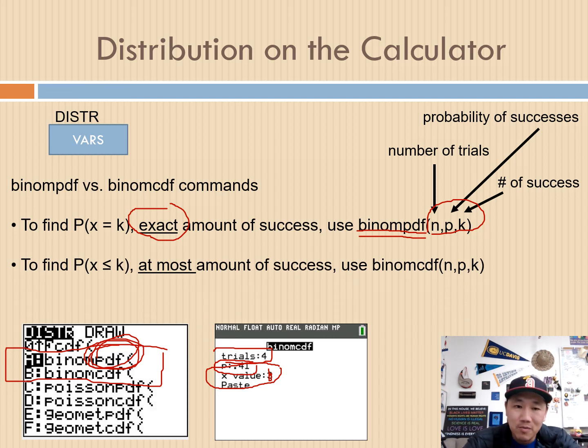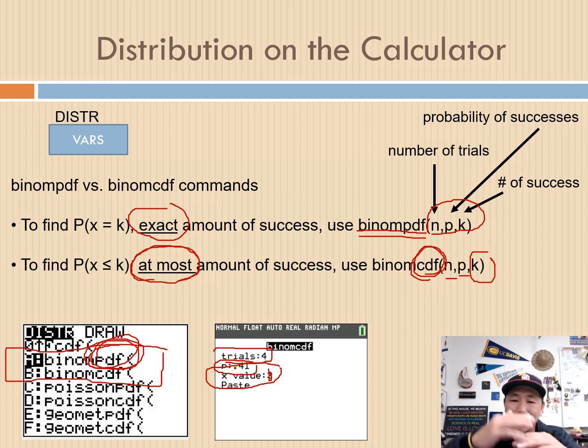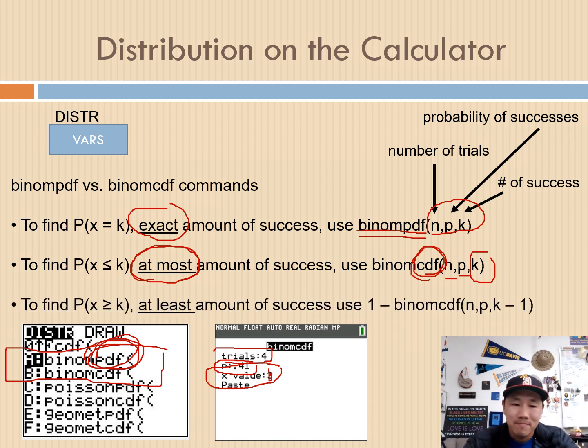For the at most problem, all you have to do is go to the binomial CDF option, punch in the total number, punch in the probability of success, and then punch in the number that was at most. So if it was at most 9 players, you would put 9 in there, and it'll do 9, 8, 7, 6, 5, 4, 3, 2, 1. It'll do it all for you. That's kind of cool.